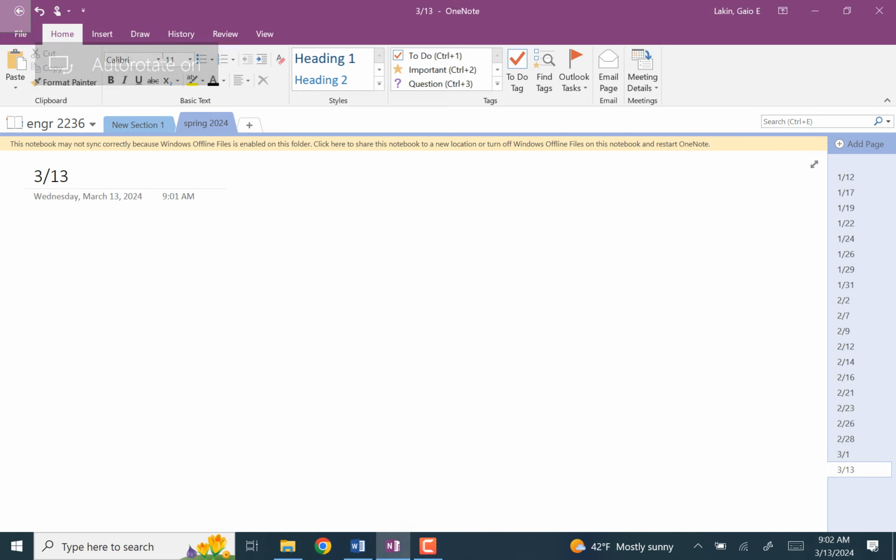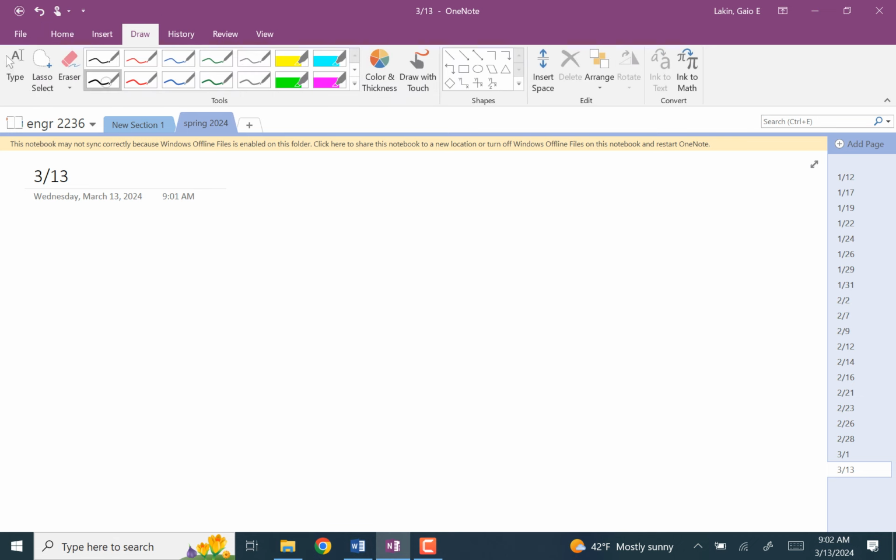Okay, so this is the one that looks like, so this is rigid body kinetics. Number 14. And it looks like this.